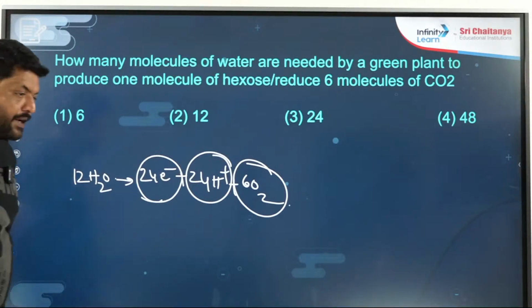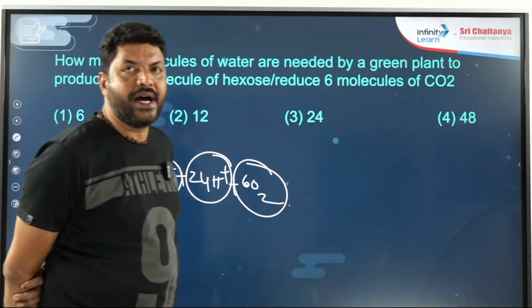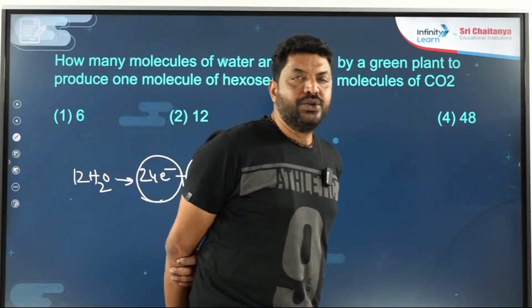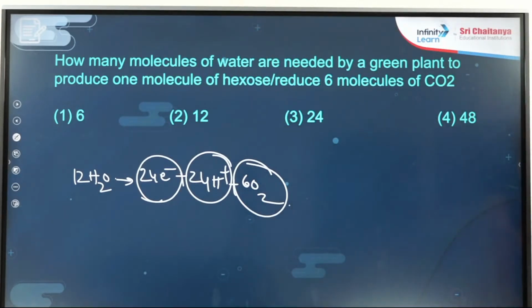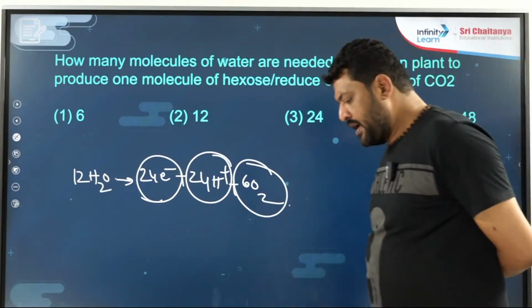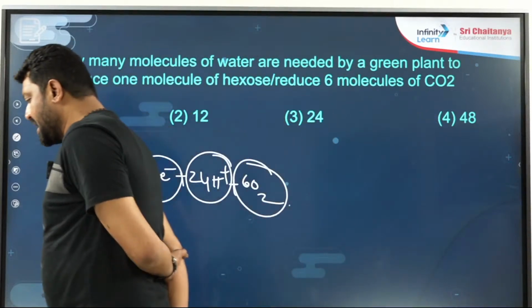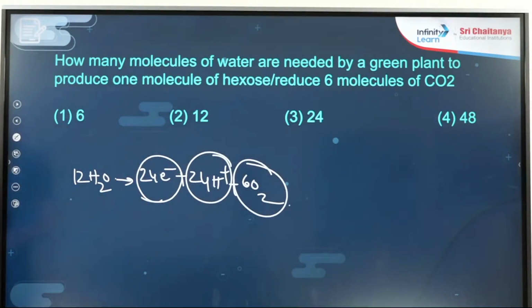Another question, how many protons are generated towards the lumen side on oxidation of 12 water molecules? That is 24 protons. And the fourth question, if 12 water molecules undergo photolysis or are oxidized, how many oxygen molecules are liberated? That is 6 O2.